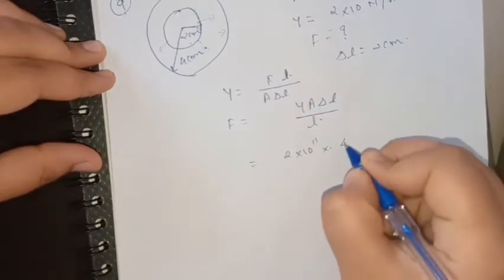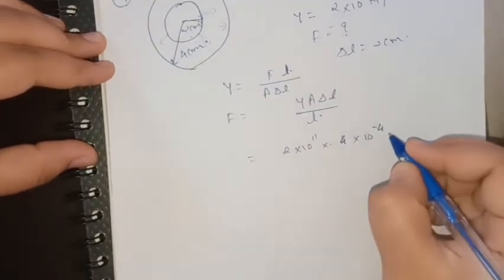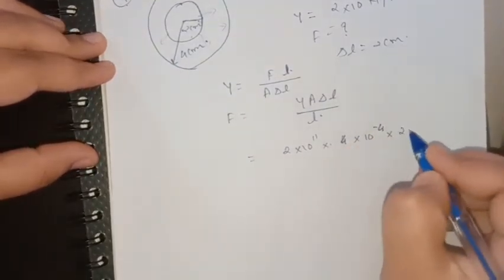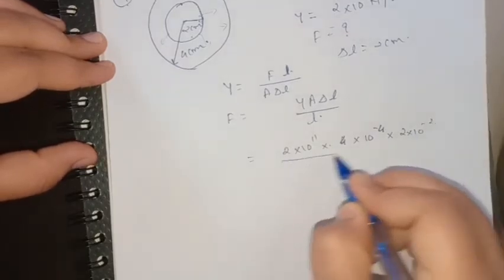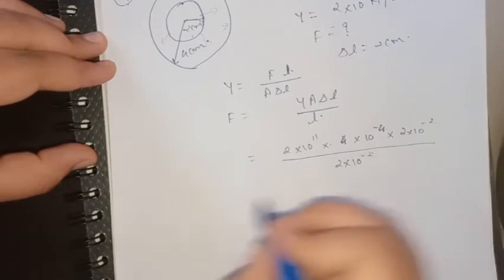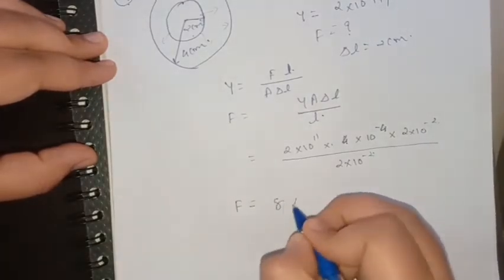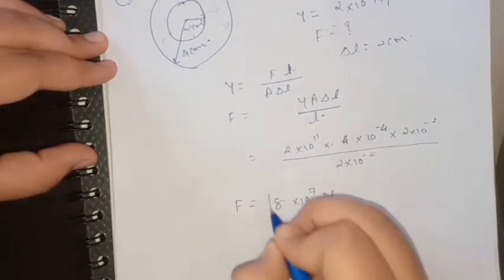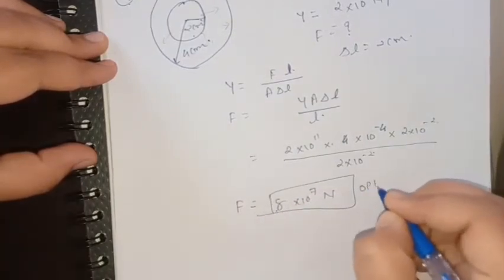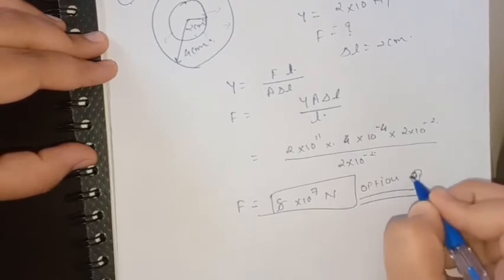Area is given 4 cm square, so 4 into 10 power minus 4 meter square. Delta L is 2 into 10 power minus 2 meter and L original radius was 2 cm. Simplify this, we will get force as 8 into 10 power 7 Newton. So option 2 is correct option.